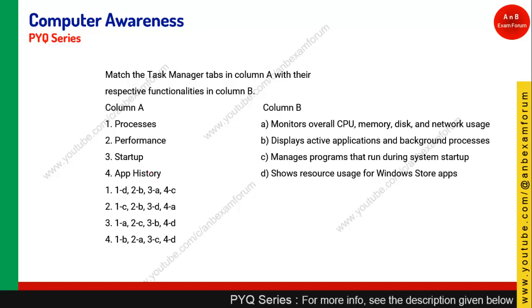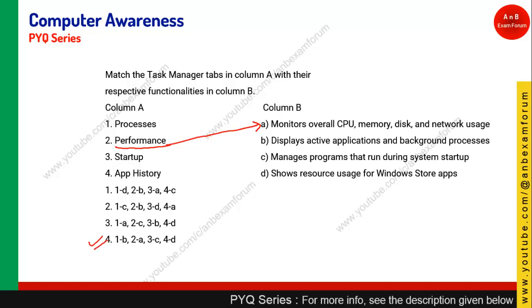If you see performance, you can say basically you are monitoring everything from CPU, memory, disk, storage, network. So out of these, option A is matching. Performance means you are going to see how my memory, CPU, and network usage is performing during the execution. So it is related to option A. So if you see 2 with A, yes, option 4 is the right answer.